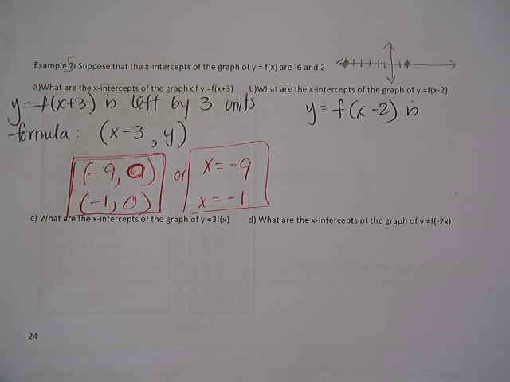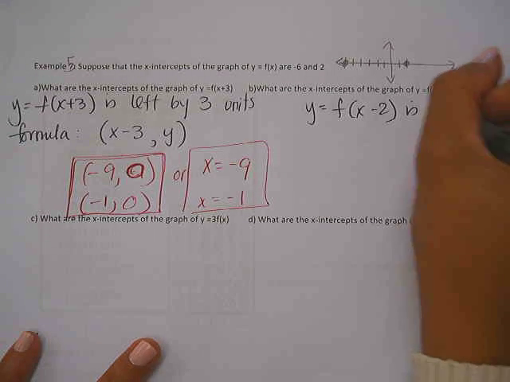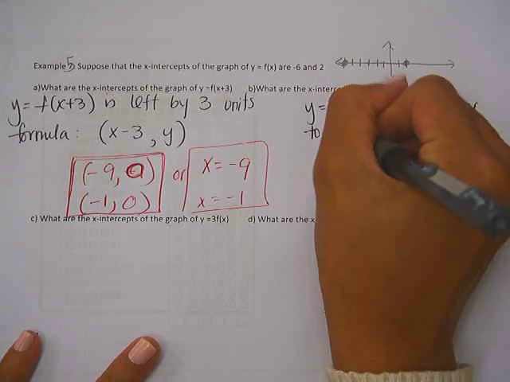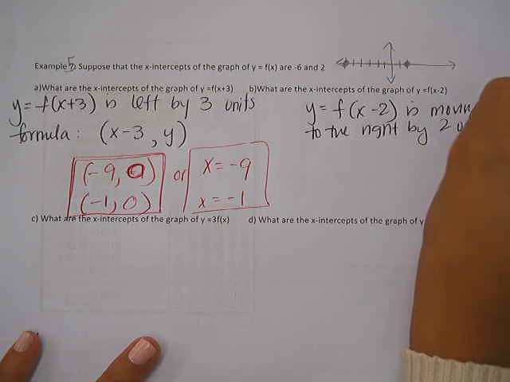I'll give you guys 30 seconds. Okay, hopefully you wrote is moving to the right by 2 units. Okay.